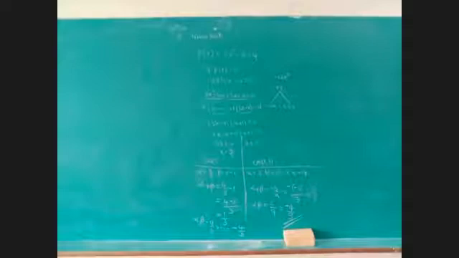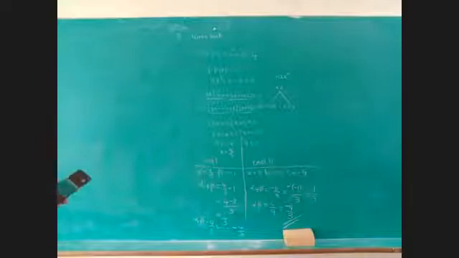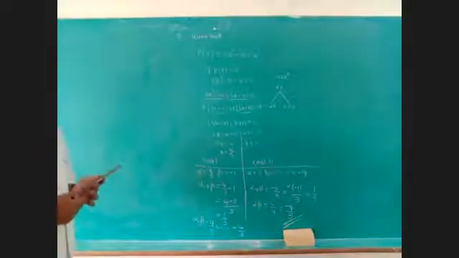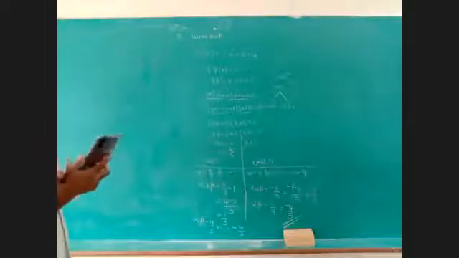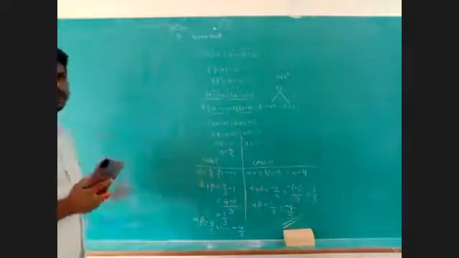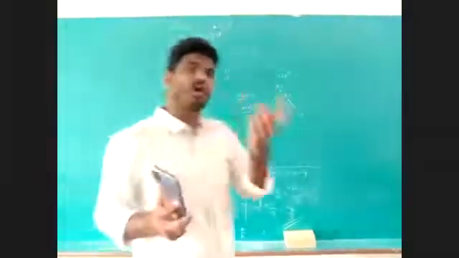Yes, sir. This is the first bit. Now in this chapter, still we have one more concept, that is cubic polynomial. Find the relationship between zeros and their coefficients of cubic polynomial.